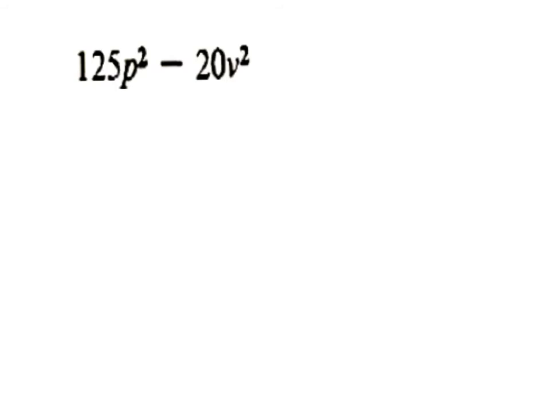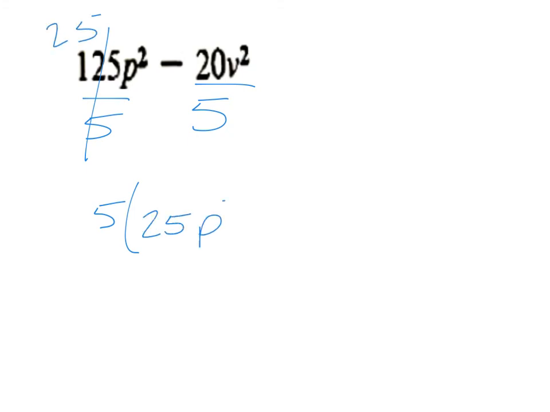But you want to be able to pull out the greatest common factor out of 20. So out of 20, I can pull out a 5. That goes into 125 as well. So if I pull out a 5, this 125 divided by 5 is 25 minus 4v squared. It's 4 because 20 divided by 5 is 4.